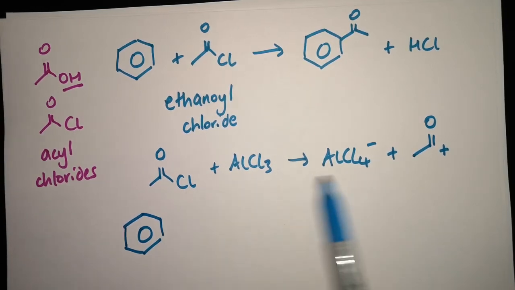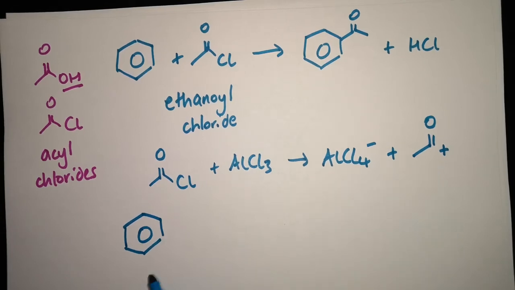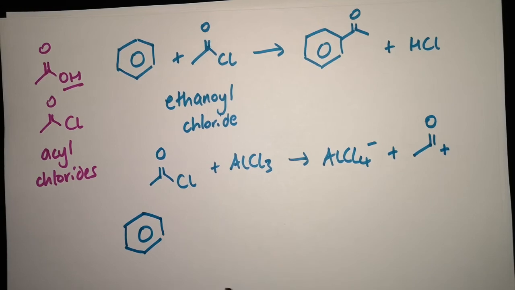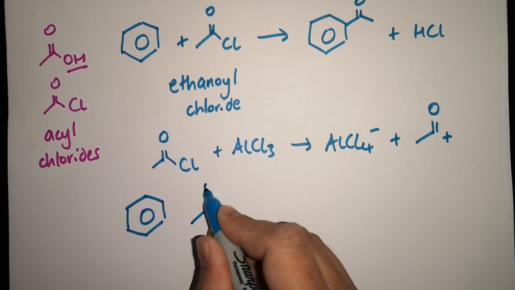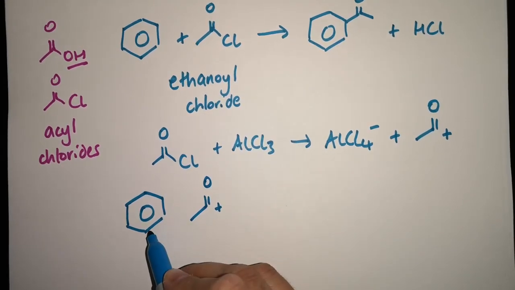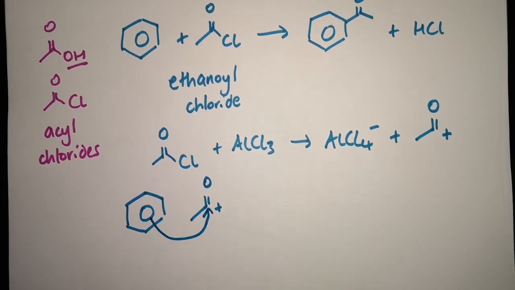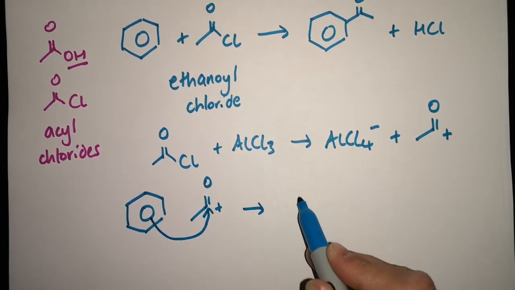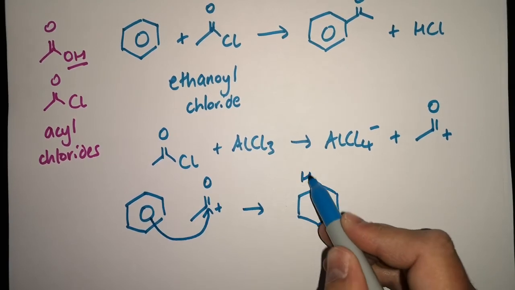Now, if you didn't get this first step, it might be wise now to pause the video again, and now we know what the electrophile is, try and do the rest of the mechanism. I'm going to keep going. So that reacts with this. Now this will be quite a complicated curly arrow, but it'll go from the ring round to the carbon that's there, and it will form my intermediate. And again, just like all the others, we've got a hydrogen.